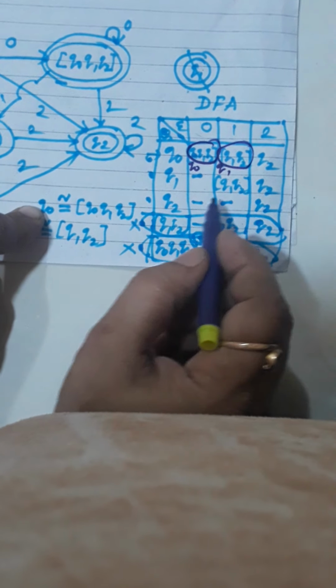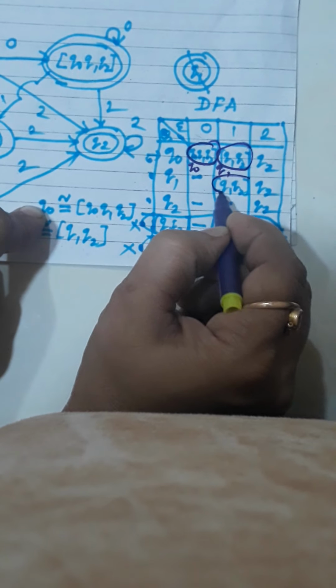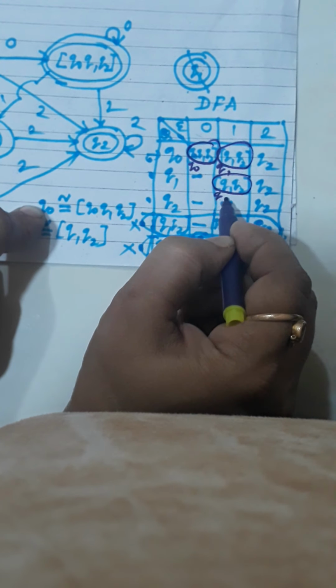Okay. So after removing these 2 rows and replacing Q0, Q1, Q2, this will be replaced by what? Q0, right? Similarly, this will be replaced by Q1. Similarly, Q1, Q2 will also be replaced by Q1. Okay. So what will be my final transition table?